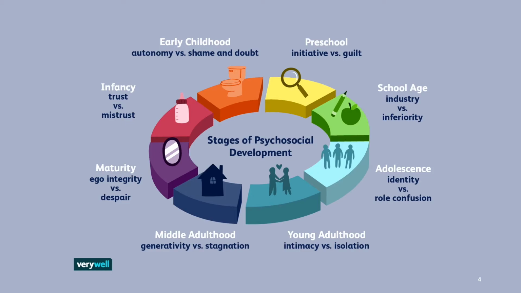Being a healthy adult might look like being autonomous, feeling like you have a strong sense of identity, like you have the ability to go out and change the world, and the ability to accomplish whatever tasks you set out to do. So Erikson's stages of what a healthy adult looks like might be related to that.